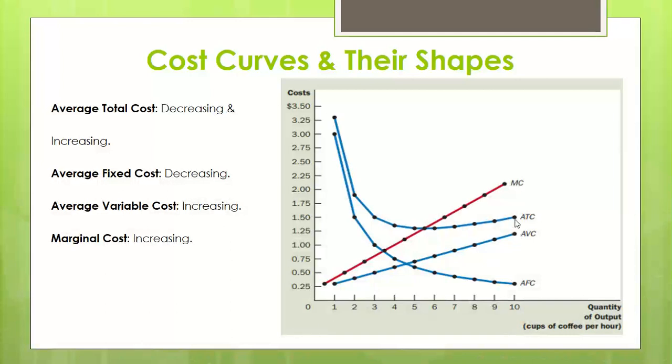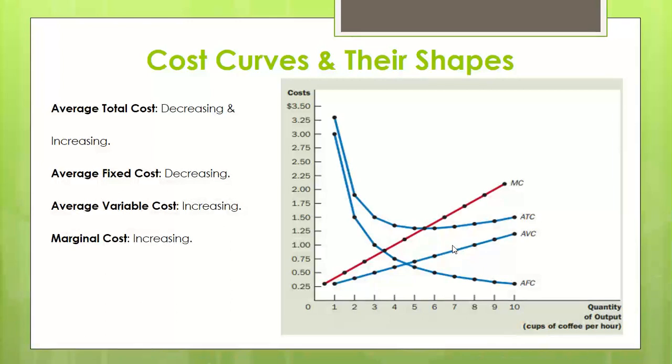this one, we can say that average total cost starts following the shape of average variable cost. When the average fixed cost is a very small number, the average total cost is going to follow the shape of the curve of average variable cost. That means average total cost is starting to increase.